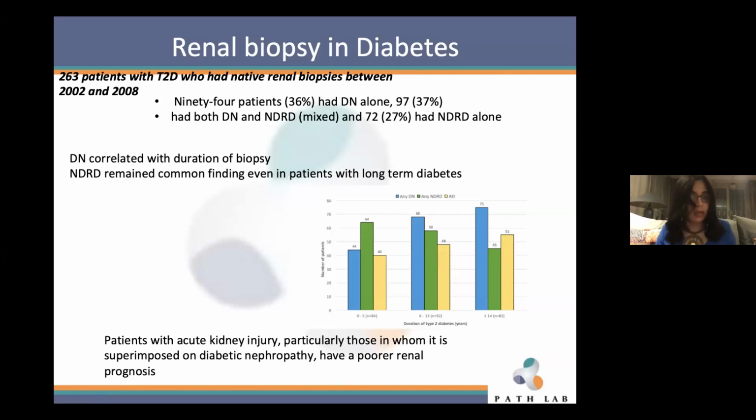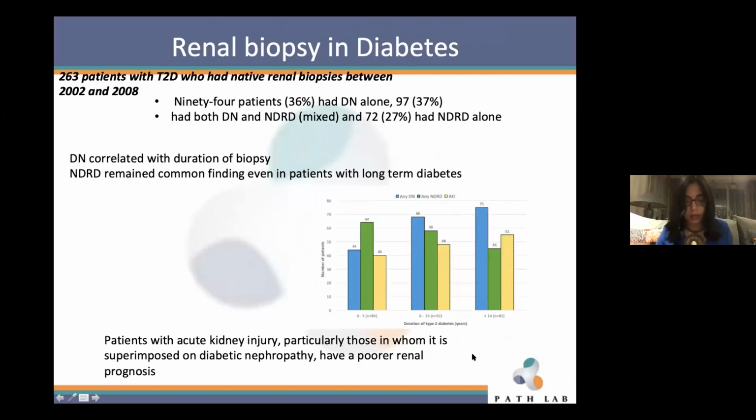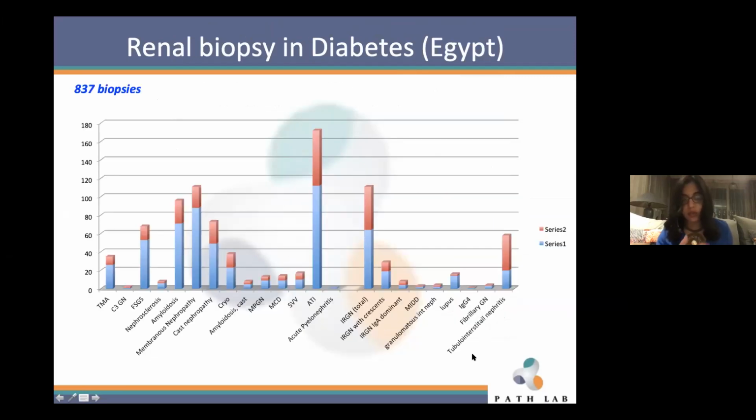So yes, your patient can present early on with non-diabetic renal disease, a few months or few days after the diagnosis of diabetes. That does not have to be diabetes. And they have shown that patients who had acute kidney injury had a poor prognosis.